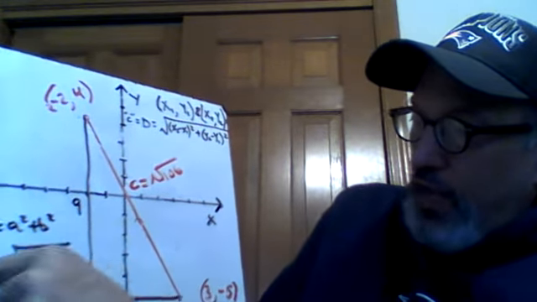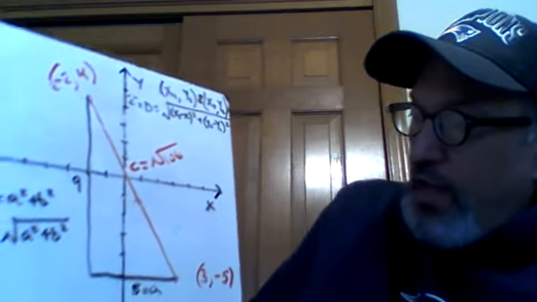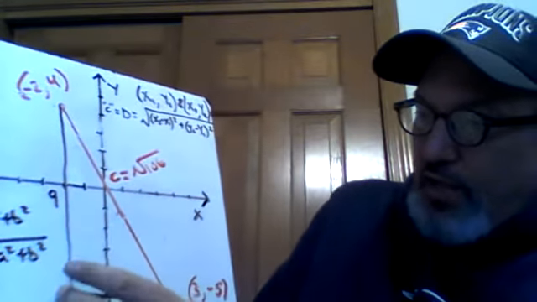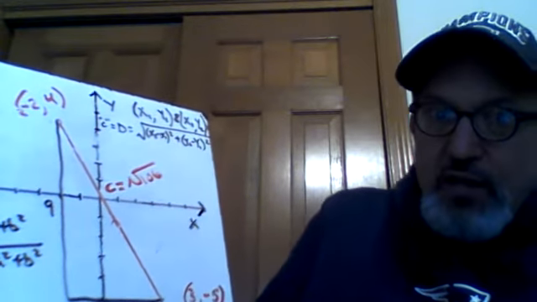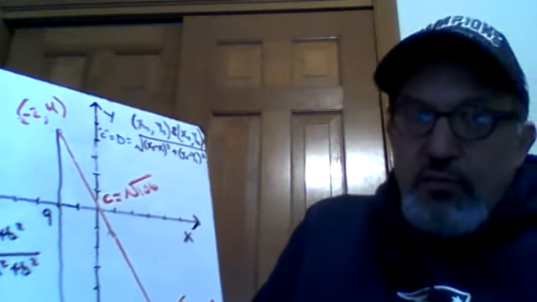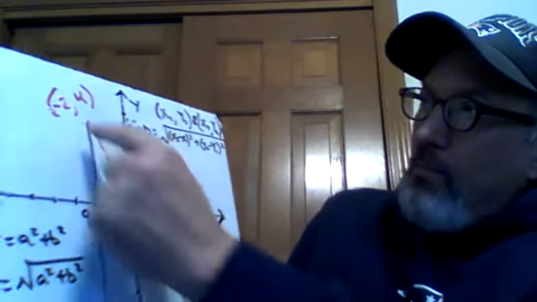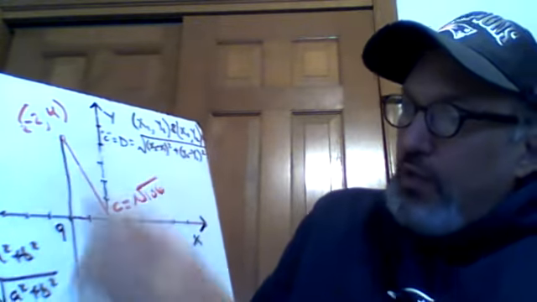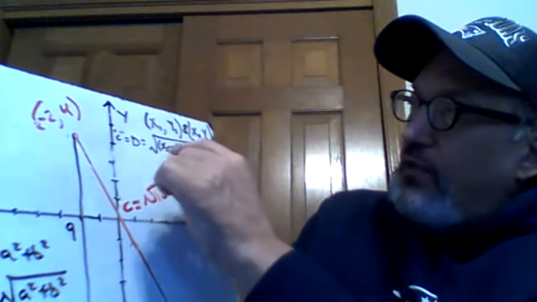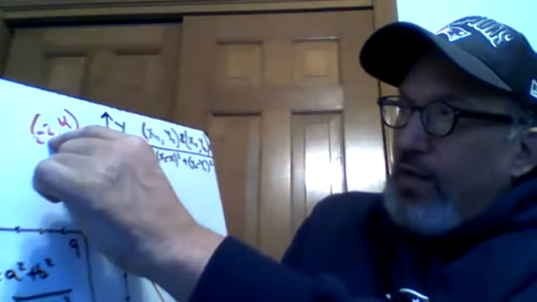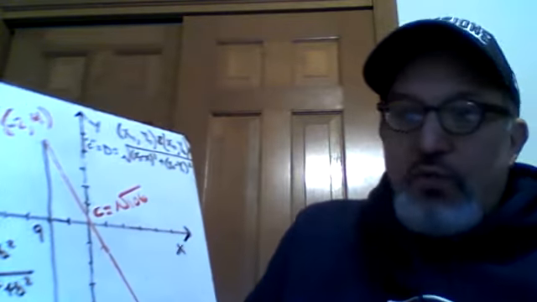This is the line y equals -5. So finding the length of this line segment is just finding the distance between 2 points on a horizontal line. So we'll go with the 3 minus the -2 to give us the 5. That's the x2 minus x1, 3 minus -2, giving you the 5.